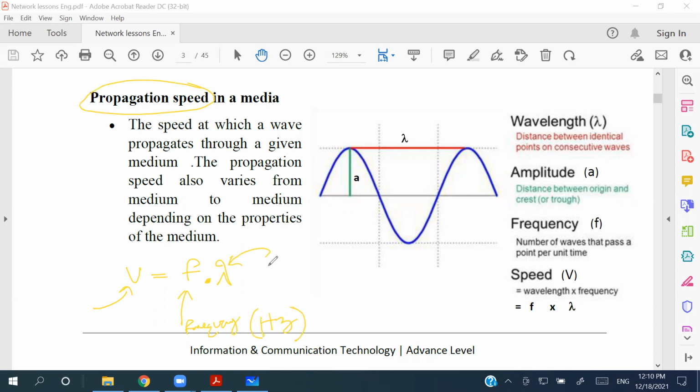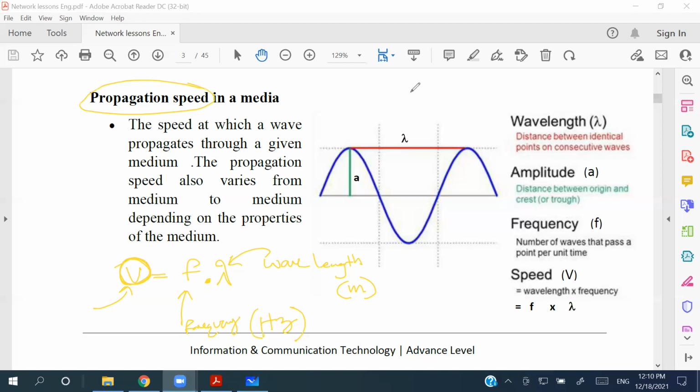And lambda indicates the wavelength, measured in meters, the m. So the relationship between frequency and wavelength is described like this: when frequency is multiplied by the wavelength, it gives you the speed of the wave.